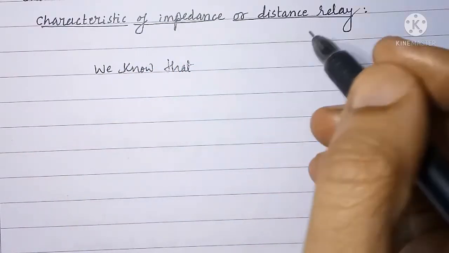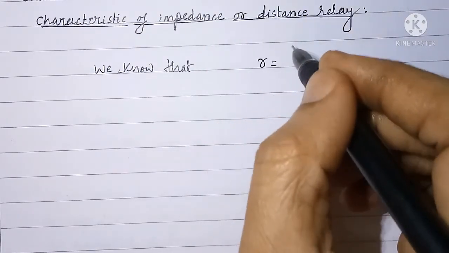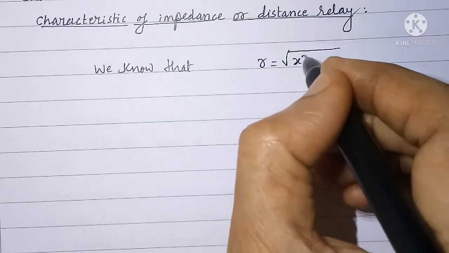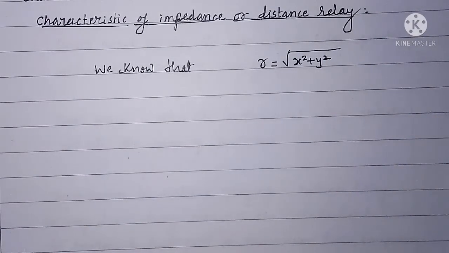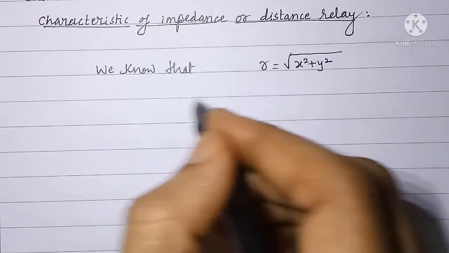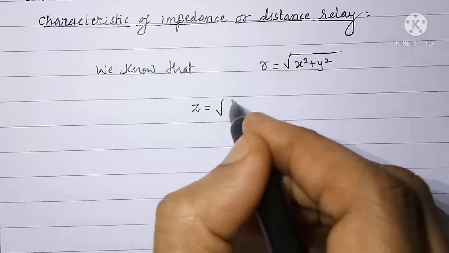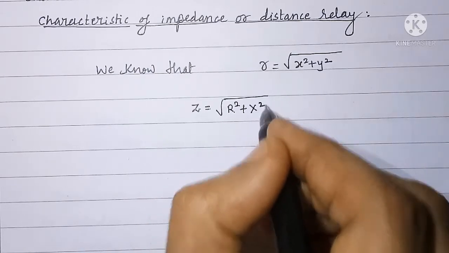We know that radius of circle centered at origin of xy plane is given by x square plus y square. So z, which may be written as r square plus x square.